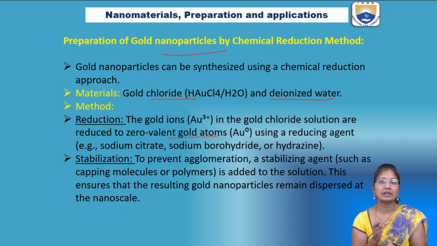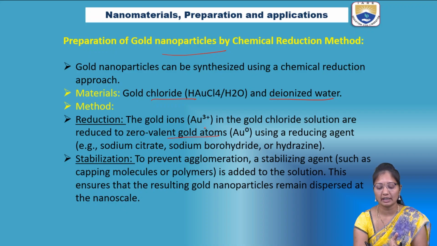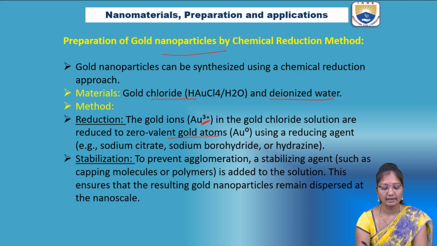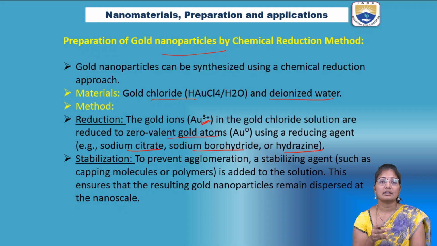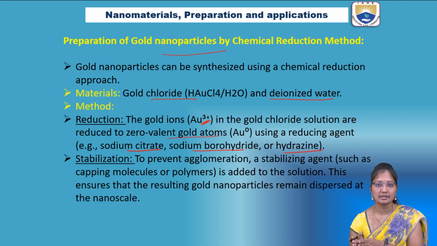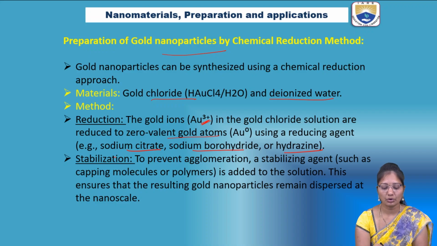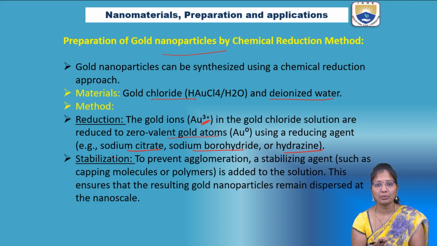We are going to reduce the gold plus 3 ions to zero valent gold atoms by using reducing agents like sodium citrate, sodium borohydride or hydrogen. So these are the reducing agents which we are using generally to reduce the gold atoms from plus 3 state to zero valent state. Either sodium citrate or sodium borohydride or hydrogen is employed, and they act as a reducing agent.